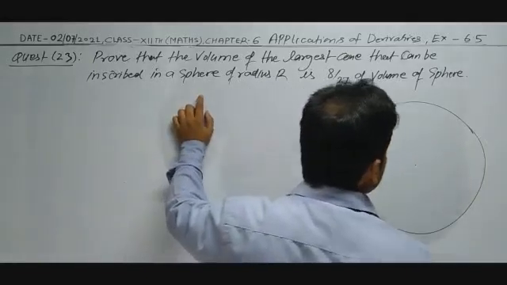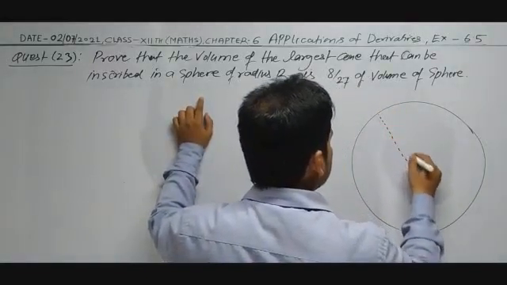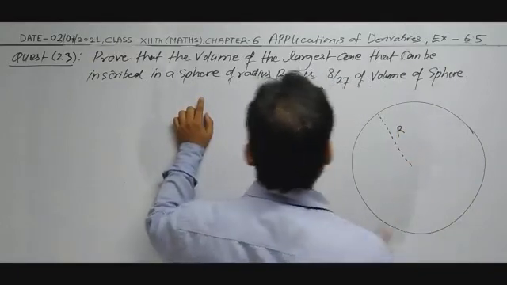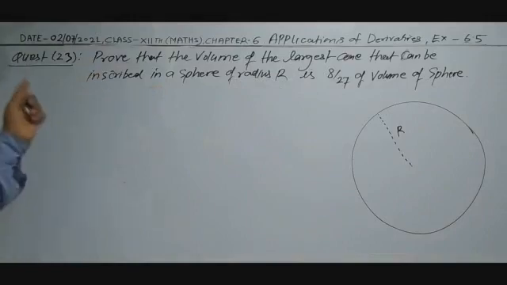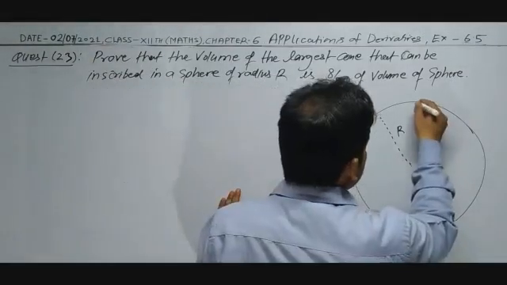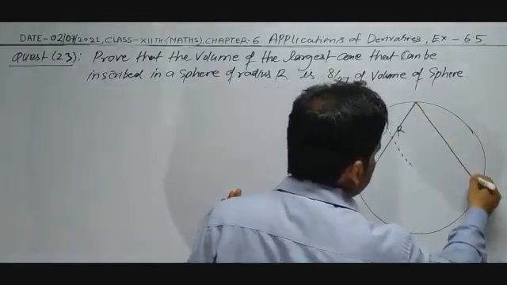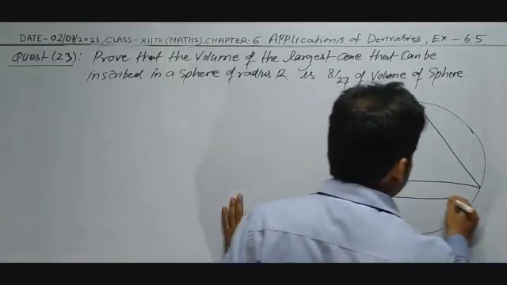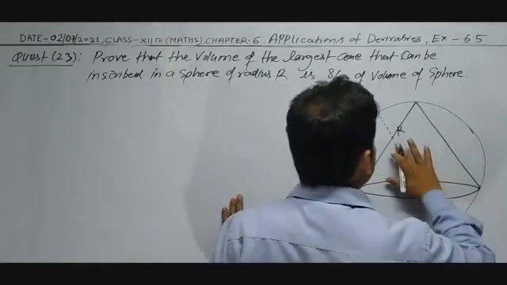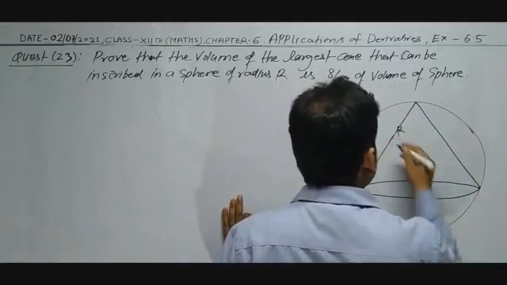So let us consider a sphere whose radius is capital R. Now we have to prove the volume of the largest cone that can be inscribed in a sphere. So consider any cone inscribed in a sphere.